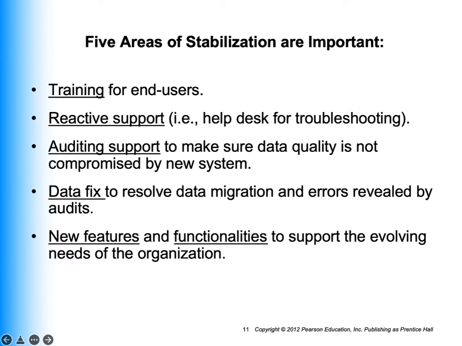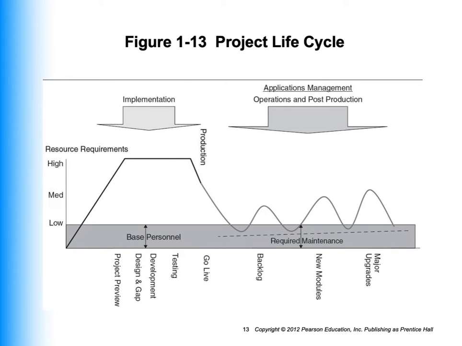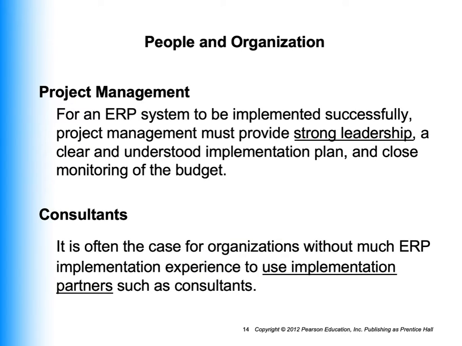Let's take a look at project management. Here we have the three elements or the triangle: time, resources, and scope, which is part of the daily tasks. So we've seen this before in terms of project life cycle. Next, project management requires strong leadership.